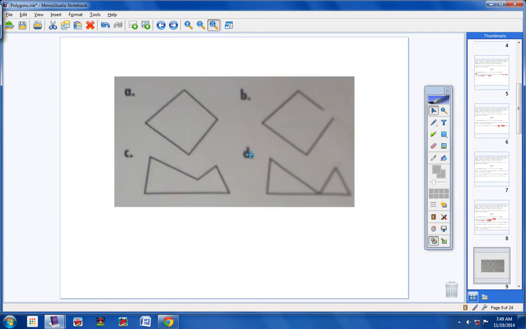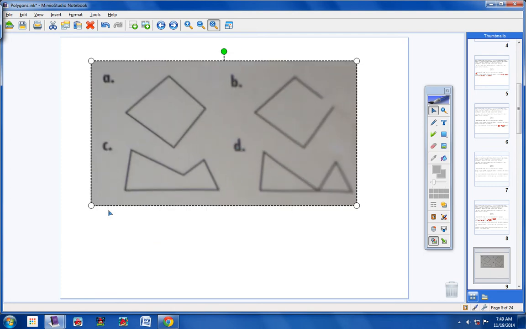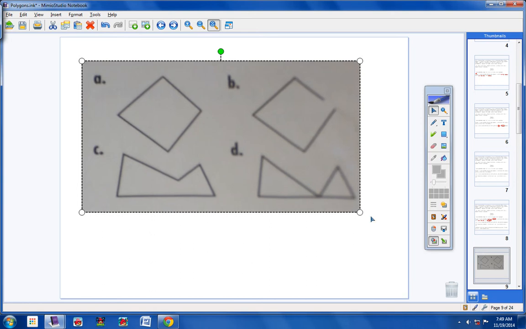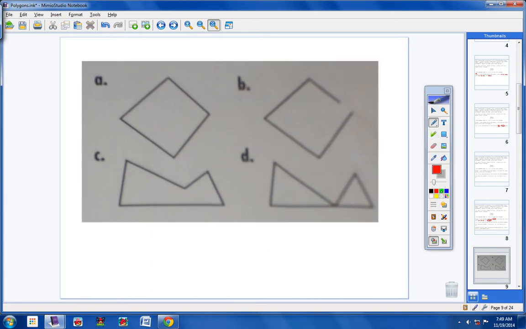Okay, now again, you do not have to take notes on this. Just watch. I want us to go through and decide which ones would be polygons. Okay, very quickly. Well, this is a polygon here, no problem. We have all segments intersecting exactly two places at their endpoints. This is a polygon here, no problem. We have all segments, and all the segments are intersecting in two places at their endpoints. This would not be a polygon because the side right here is not intersecting two other sides.